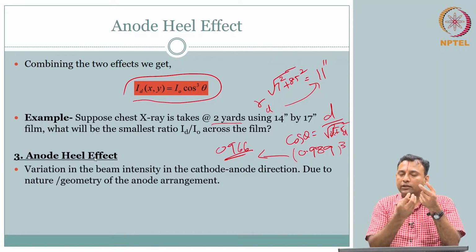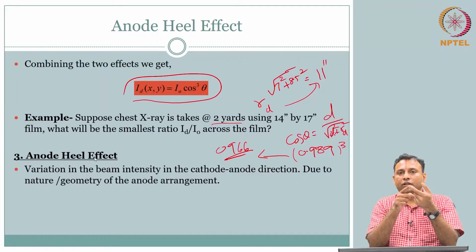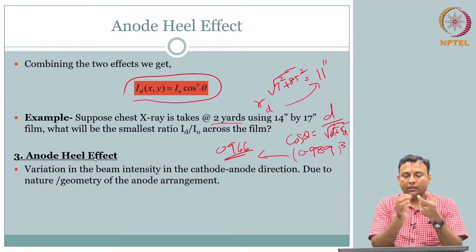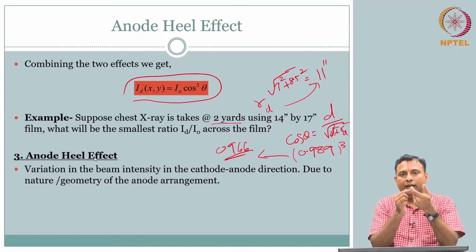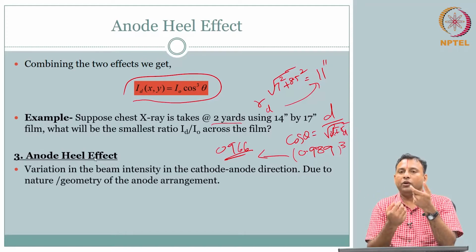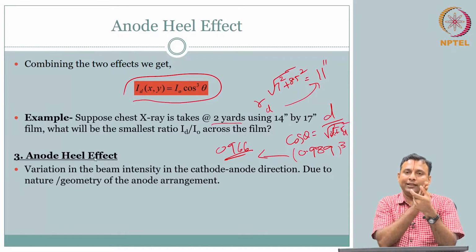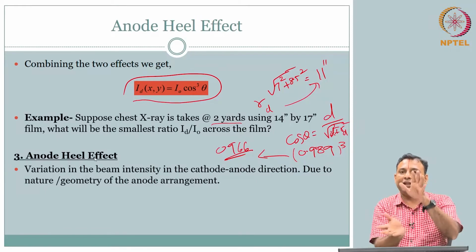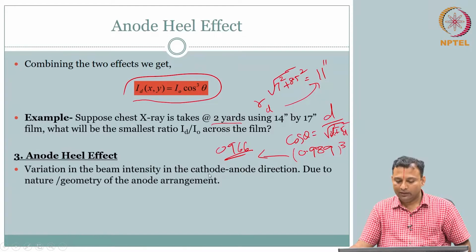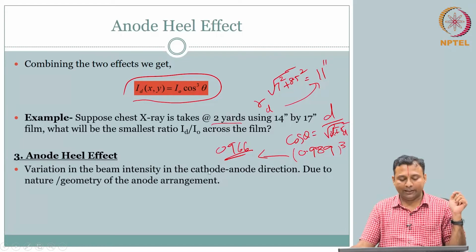It turns out that the X-rays coming out are not distributed uniformly along the thickness of your anode. At the edge of the anode that is close to the cathode, there are more photons coming out, and as you move away to the other side, there is a variation in the beam intensity in the cathode to anode direction.